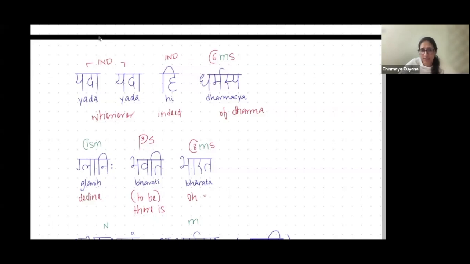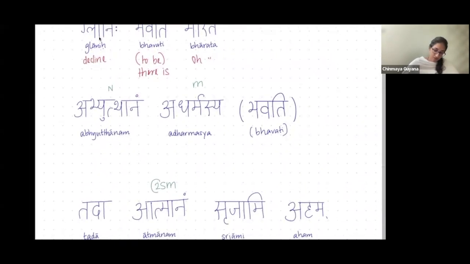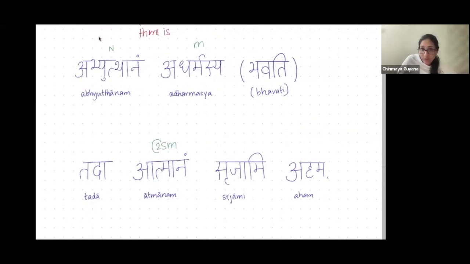Don't worry about the exact English translation. Focus on getting the Sanskrit. Okay? Then what happens? Let's go to the next part. Abhyuthanam adharmasya bhavati is implied. Tada atmanam srijami aham. So tell me what our verb is. It should sound familiar.